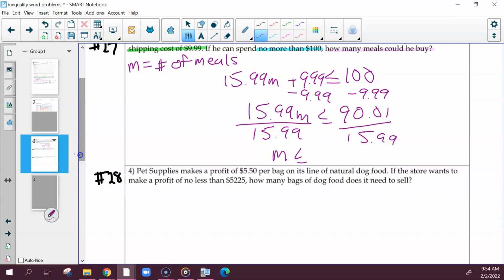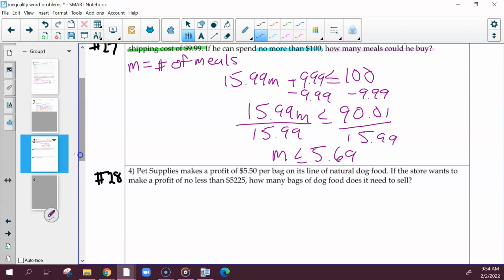We rounded it to, what was it exactly? 5.69. And then in this case, because we're looking for number of meals, we would need to have a whole number, and you would need to decide, could we round up to 6 or would we have to round down to 5? Eric, you said 5. Why 5?